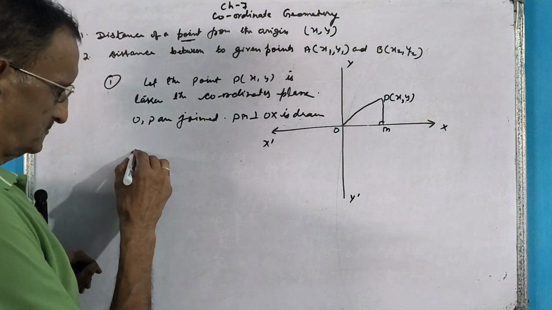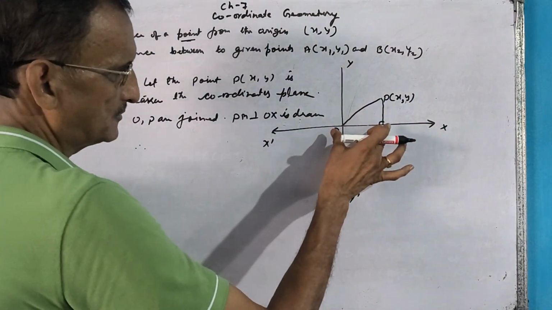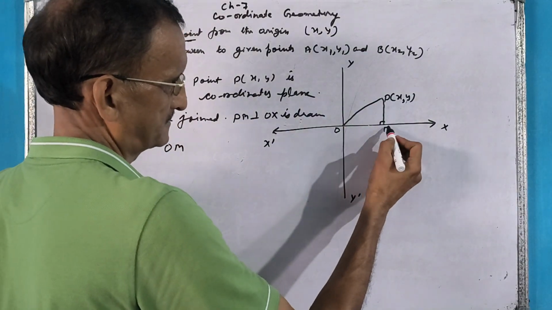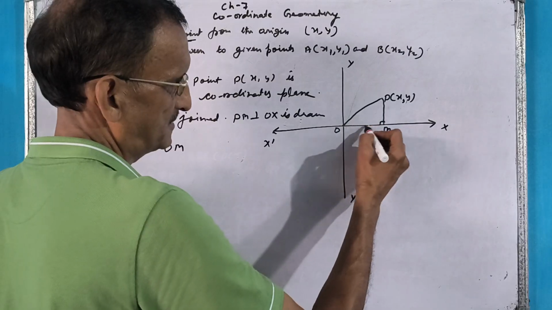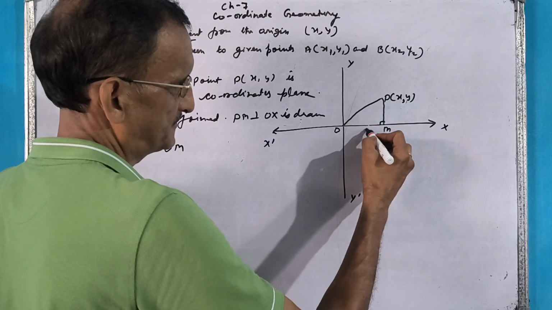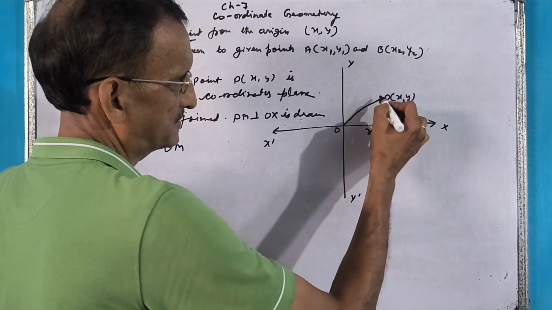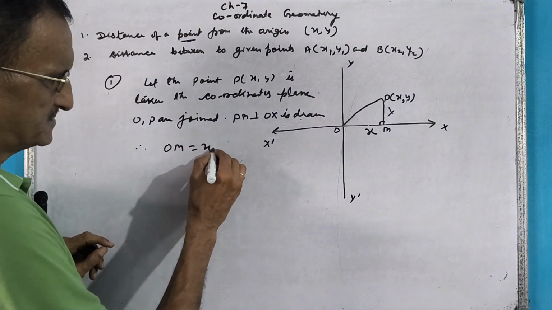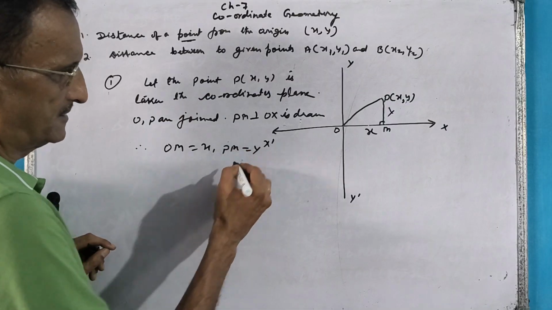Now what will be OM? OM is called the abscissa of the point P, or the x coordinate of the point P. So obviously OM will be x, and PM will be y. So OM equals x and PM equals y.